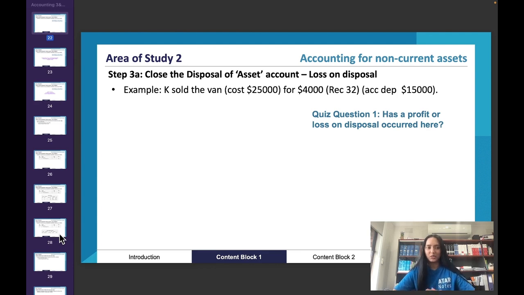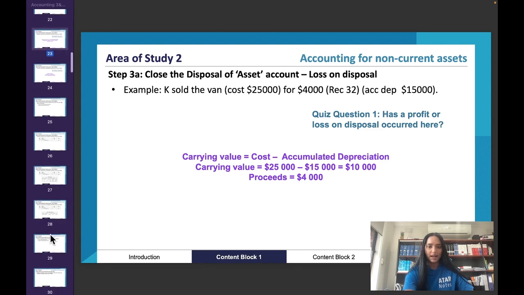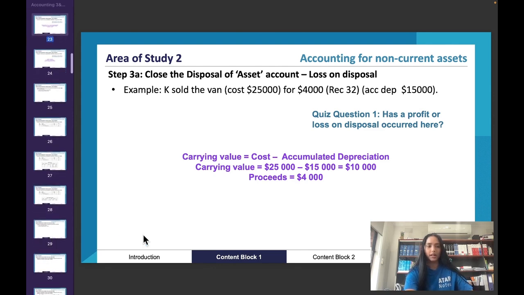Okay, so hopefully you all finished your calculations and you should have found that the carrying value is cost minus accumulated depreciation. So in this example, to calculate carrying value, we do $25,000, which was the cost, minus $15,000, which was accumulated depreciation, and that gives us a carrying value of $10,000. And then proceeds is $4,000.